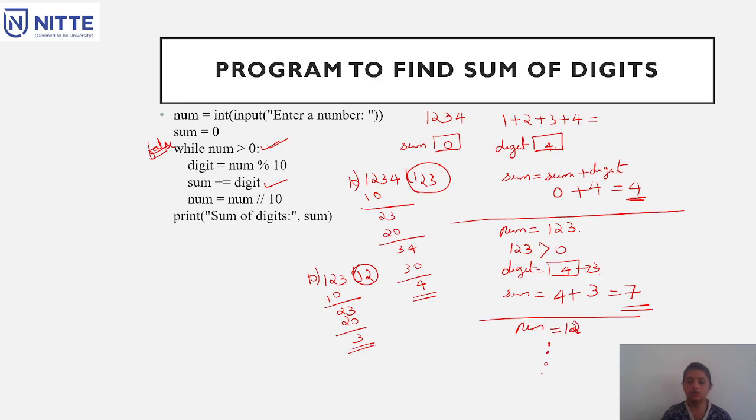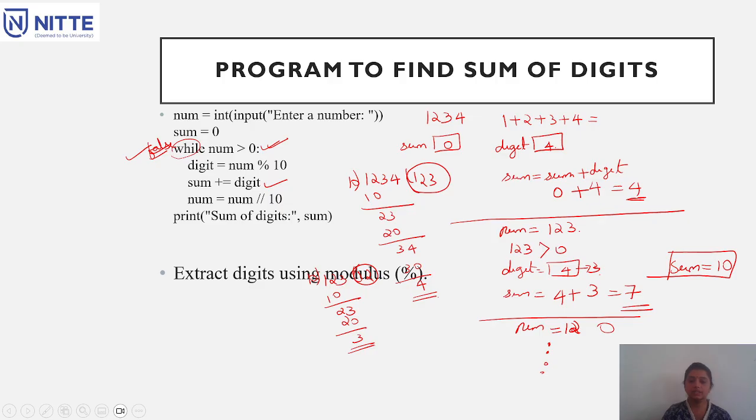You will continue with your iteration till you get num as 0, or you can also say while the num is negative the while statement is false. Till then you will have the sum calculated again and again. So finally, you will have the sum as 1 plus 2 plus 3 plus 4, that is 7, 8, 9, 10. So the final answer, sum is equal to 10, you would have got.